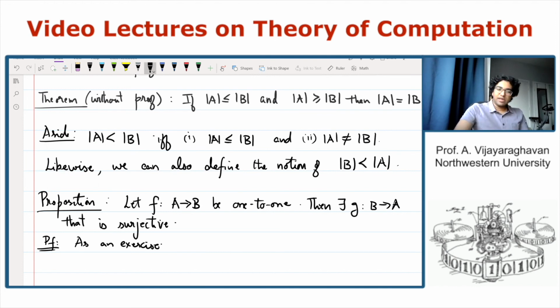Okay, as a hint, think about the elements in B, and you can try to split the elements in B into two kinds.